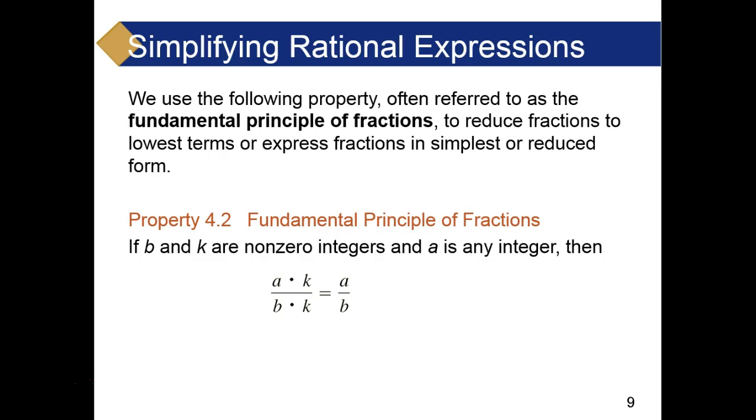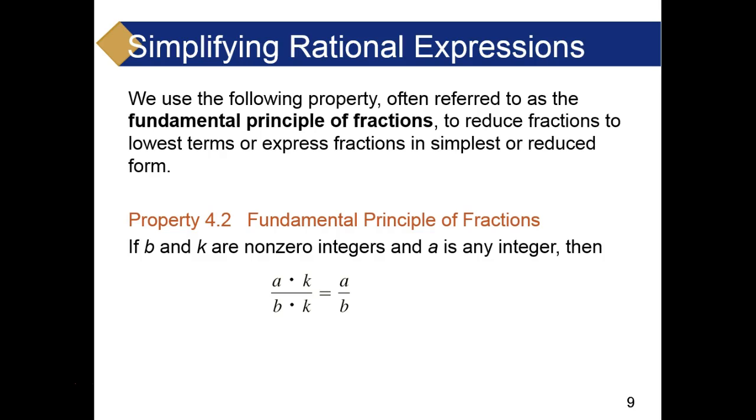K over K, as long as K is not equal to 0, is equal to 1, you can get rid of it. So basically what they're saying, if you have any rational expression, especially a rational number, and you find the common factor in that number, factor it out, and then divide it out. Okay? And you have the result.